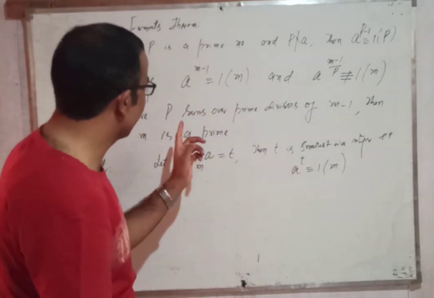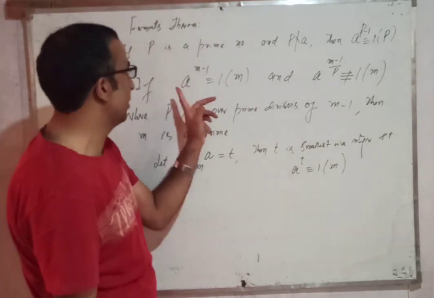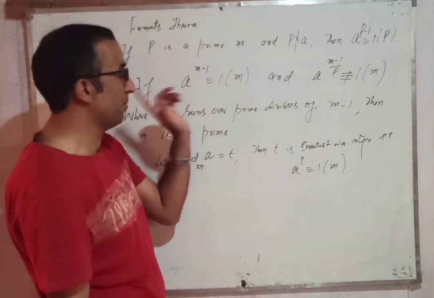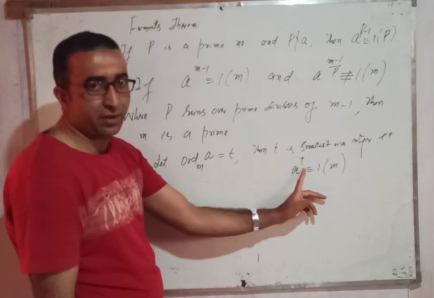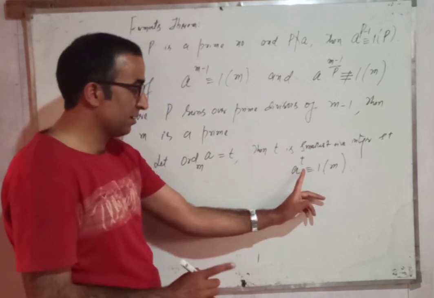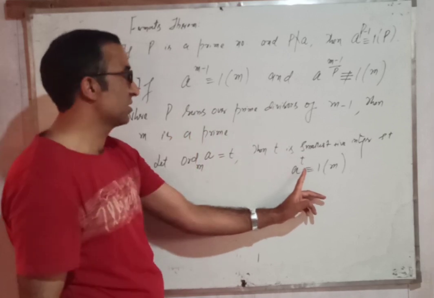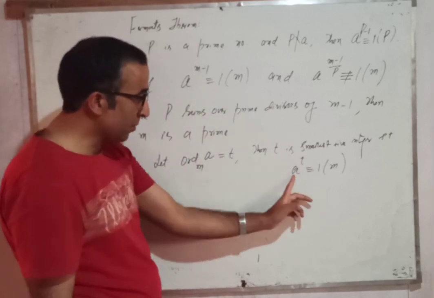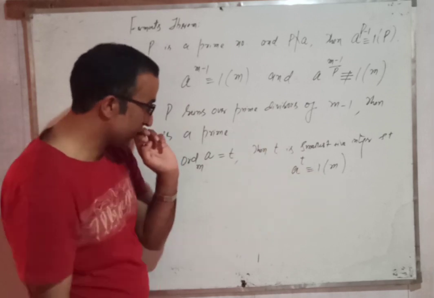Now you have the given congruence here, a power m minus 1 is congruent to 1 mod m, and t is the order. It's exactly what we did in the last exercise, that if you have a power u congruent to 1 mod m and a power t.